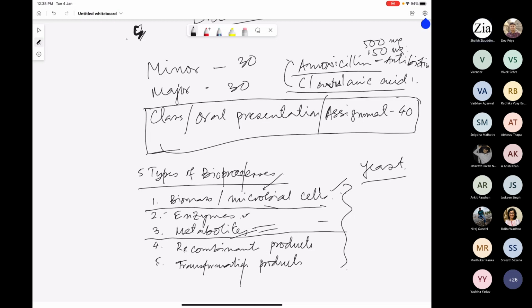Similarly, in the pharmaceutical industry, they use a variety of yeast as host organism to produce different recombinant products. E. coli is one of the common hosts for recombinant products. Similarly, yeast, Saccharomyces cerevisiae, is also a common host to produce different recombinant products.